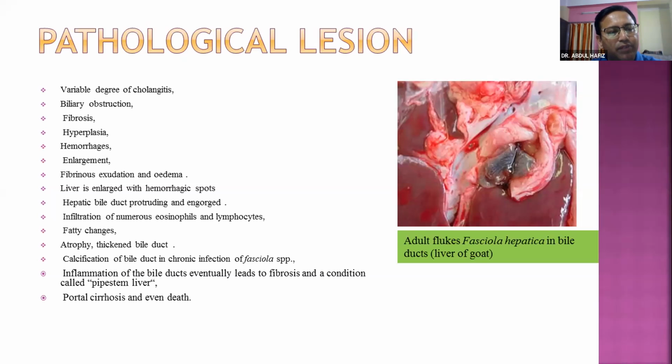The liver is enlarged with hemorrhagic spots, the hepatic bile duct is enlarged, and there are fatty cells and calcification also. Some clay-like structure is found in the bile duct, which is called pipe stem liver.